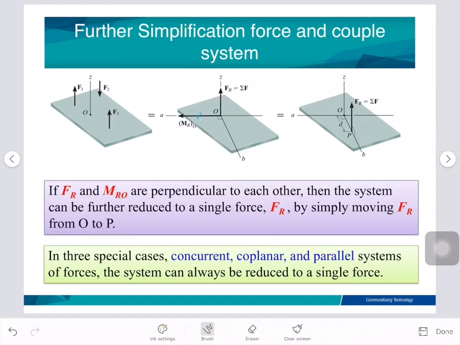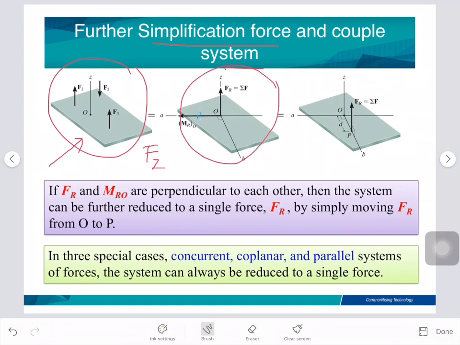So this slide shows the further simplification of a force and couple system. This figure shows the force acting on the plate. Can you identify the force in what axis? The force in the Z axis. So this force can be equal to the equivalent force system.